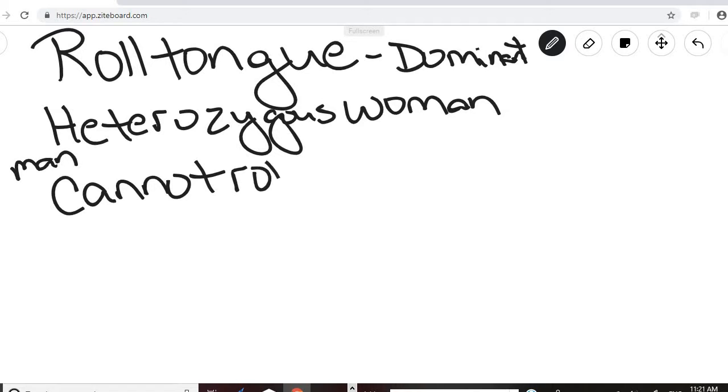Okay, so the first thing we have to do is determine what their genotypes would be. What would the genotypes be for these two people?